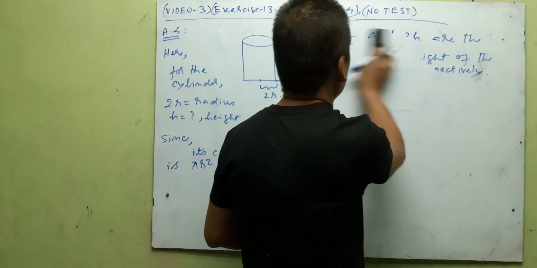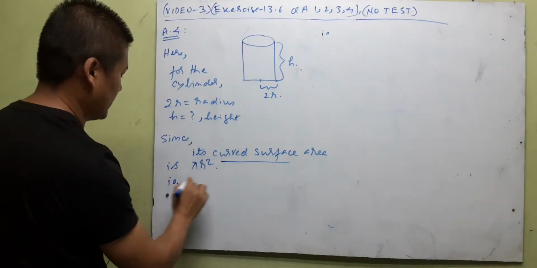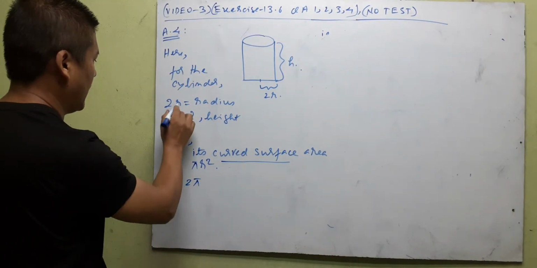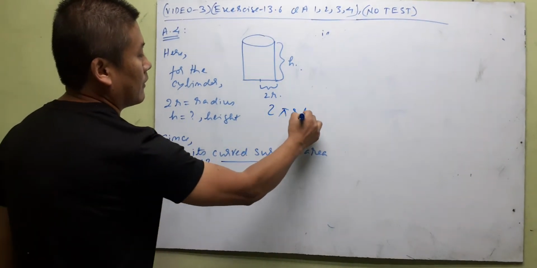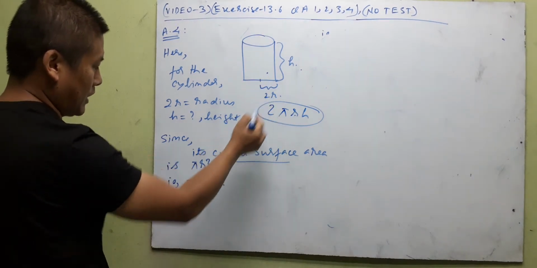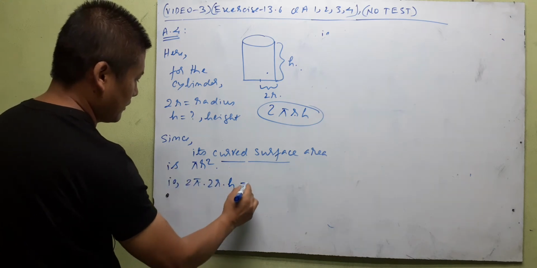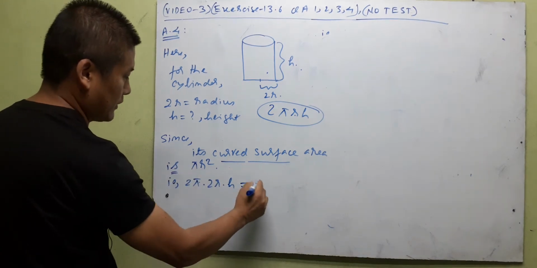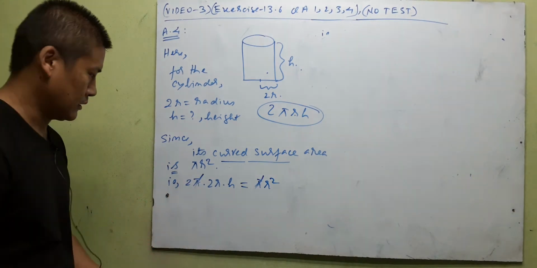So here let's do that. In other words, curved surface area of a cylinder is 2 pi r h, here r is 2r, so 2 pi (2r) h. This is the formula for curved surface area. So 2 pi r of this cylinder is 2r, so we put that there, and h is h itself. That means equal, and here we write pi r square according to the text. So this pi and pi can cancel, we know that.